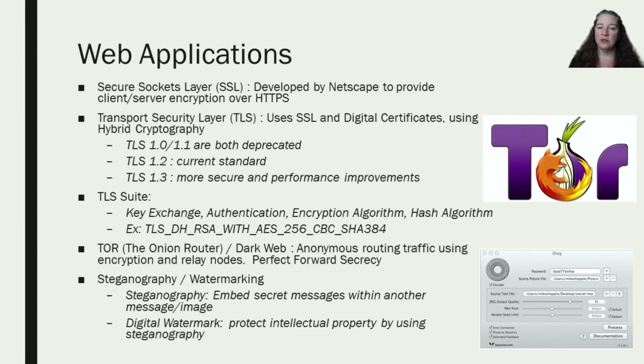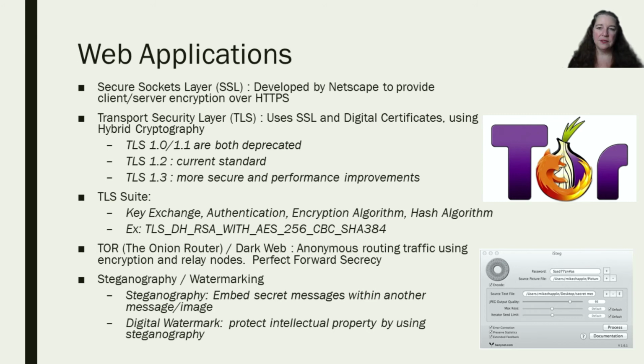Keeping track of all of the different things that could be different in your TLS application is how this big long line works. Again, you need to recognize DH means Diffie-Hellman, RSA is RSA, AES is the encryption standard at 256 bits, SHA-384 is the SHA-384 bit algorithm, and so on and so forth, and block chaining. So these are the different things that go in with your TLS suite. When you see this big long line, you understand what all this information means.